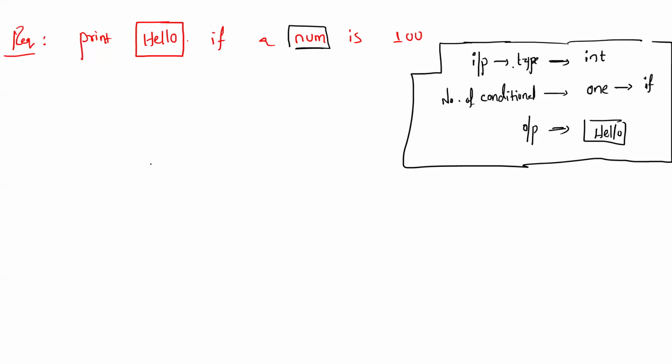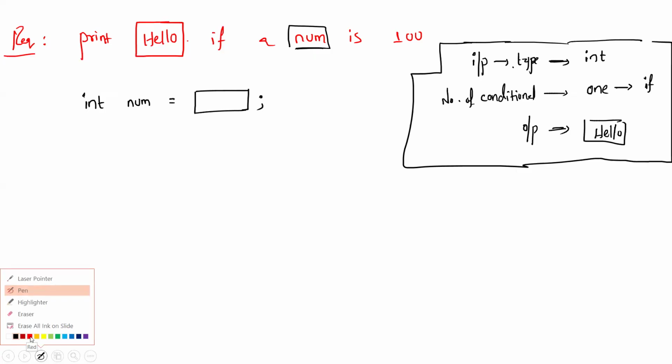I am purely focusing on only the condition block to write. So before we write, first we have to have an input. So let me take one int. Then a variable name of programmer's choice equals, we'll write or take the number later. Why later? Because writing conditional statements will never depend on the value.